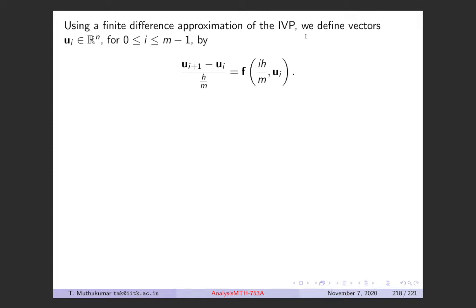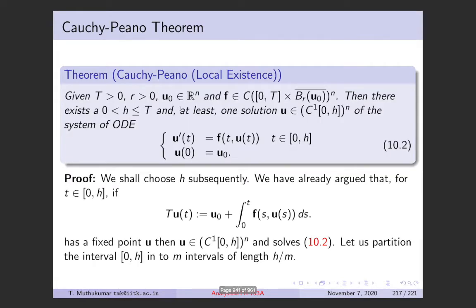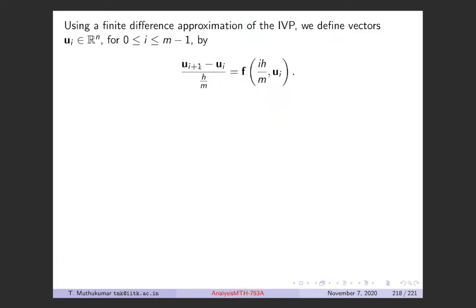So we are going to define new vectors u_i. You already start with u0. Now you define u1 such that, putting i equal to 0, u1 minus u0 over h over m equals f of 0 comma u0. That is the first.